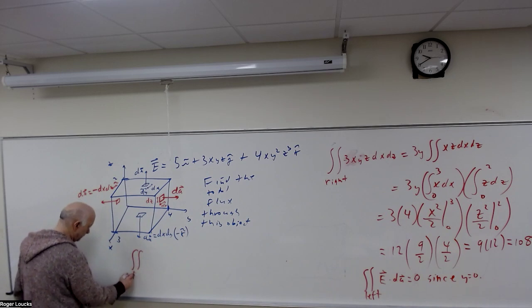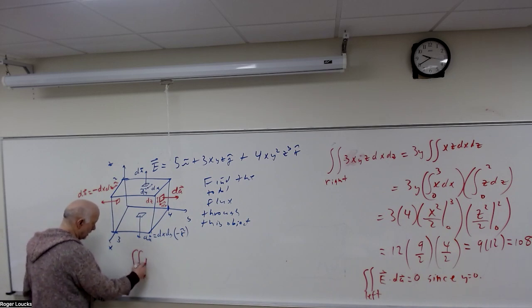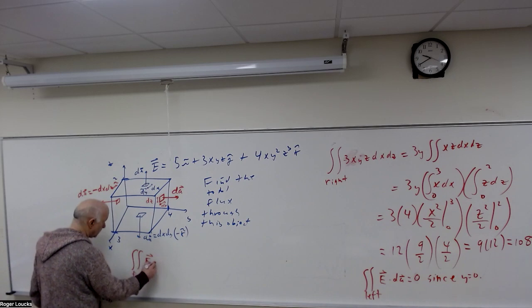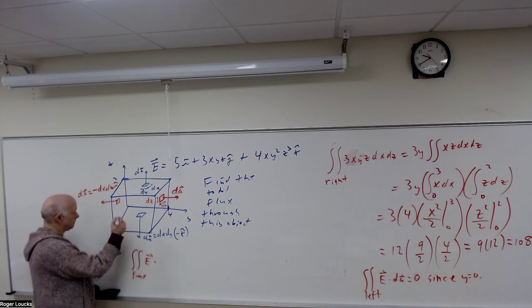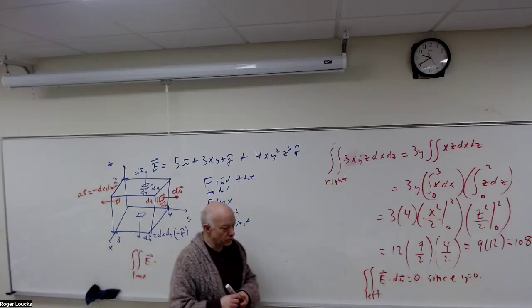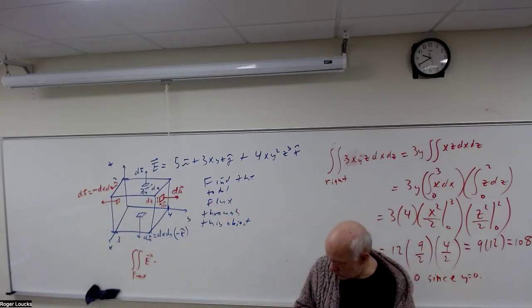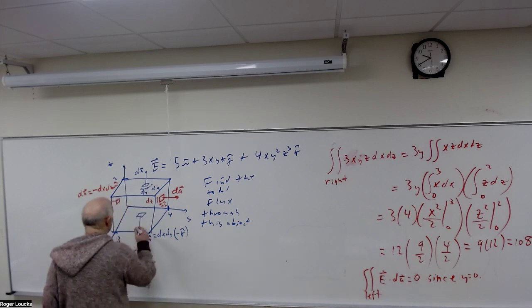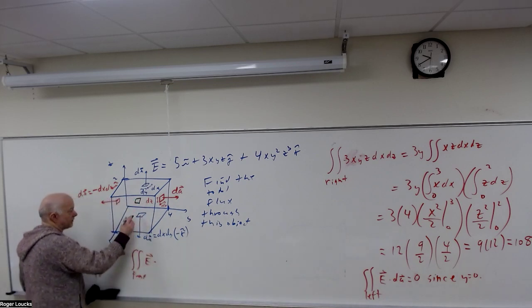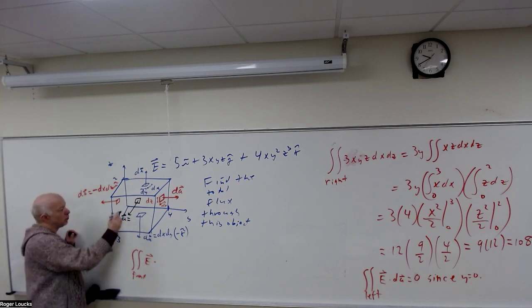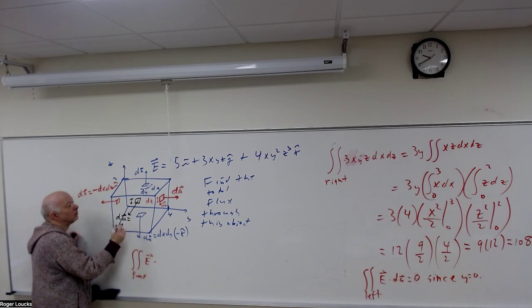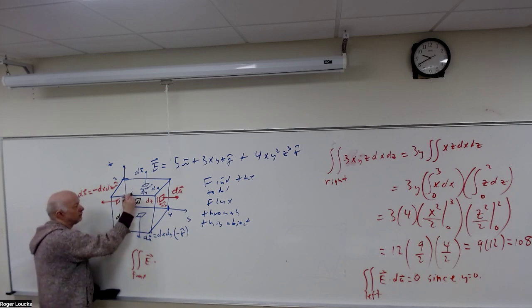I have this right here for the front. I'm going to have my E. I'm going to dot this into, so if I do my front, I'll put another color in here. This right here is coming out like this. This is my dA vector for the front. How do I write that dA vector for the front? What is this? dz.